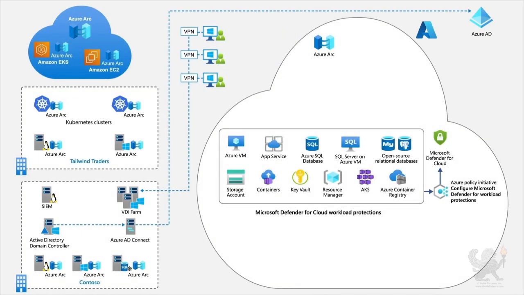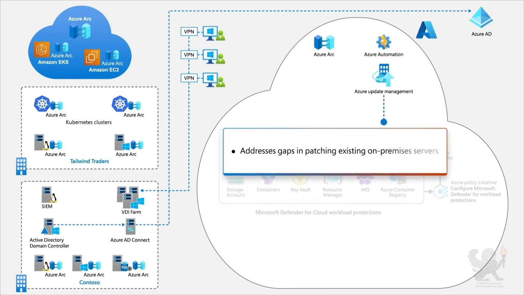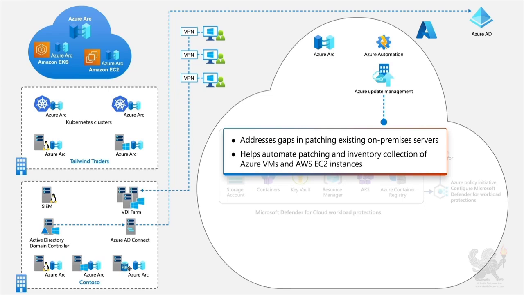To further benefit from the Azure Native Management Services, Contoso will implement Azure Update Management, which is one of the solutions built into Azure Automation in order to address any gaps in patching existing on-premises servers. The same solution can be used to automate patching and inventory collection of Azure VMs and AWS EC2 instances.